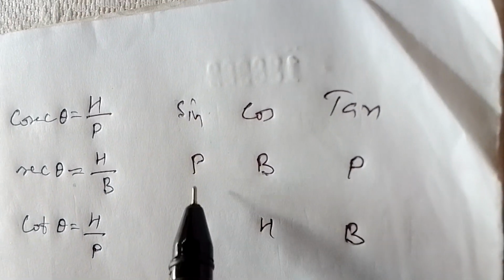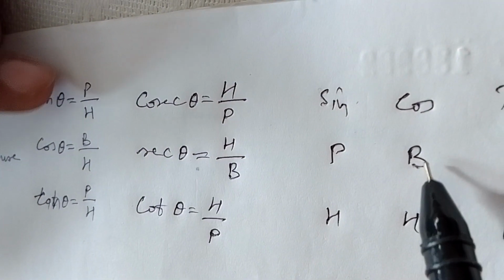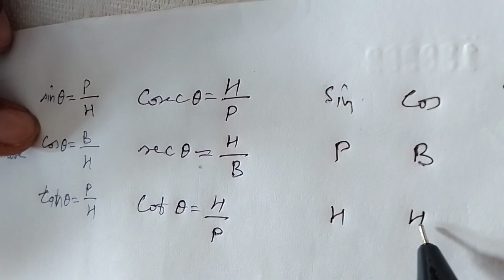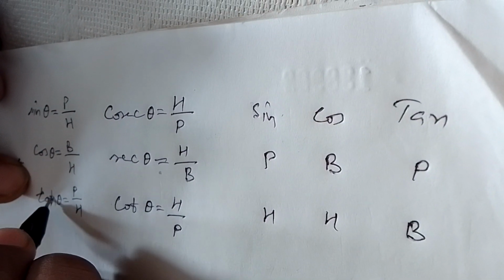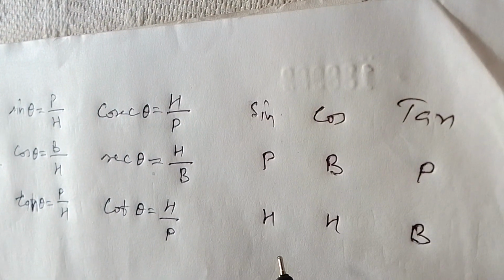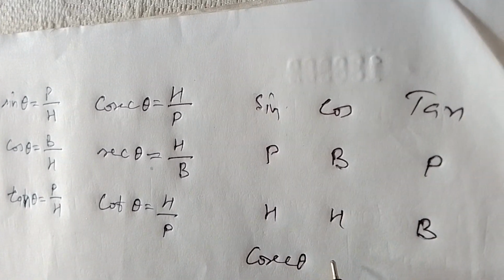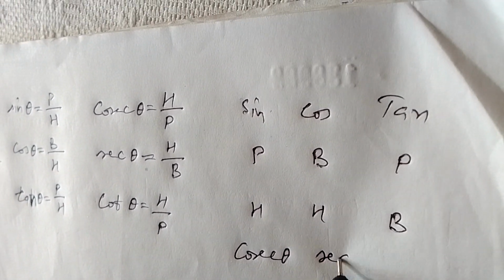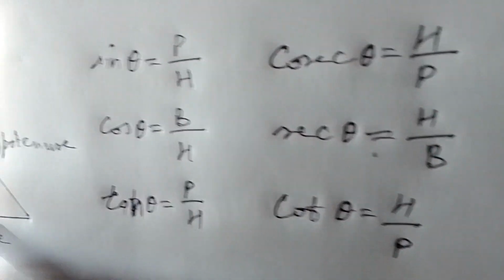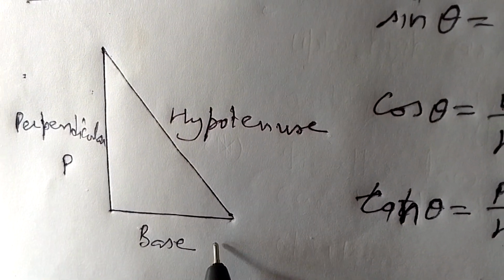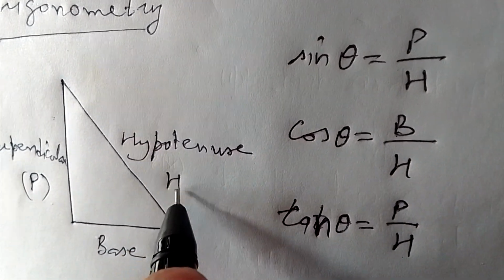That means P perpendicular divided by hypotenuse is sin theta, then base divided by hypotenuse is cos theta, then perpendicular divided by base is equal to tan theta, and opposite to these, sin theta is opposite cosecant theta, and then secant theta, then cotangent theta. So this perpendicular side is denoted by P, this base is denoted by B, and this hypotenuse is denoted by H.